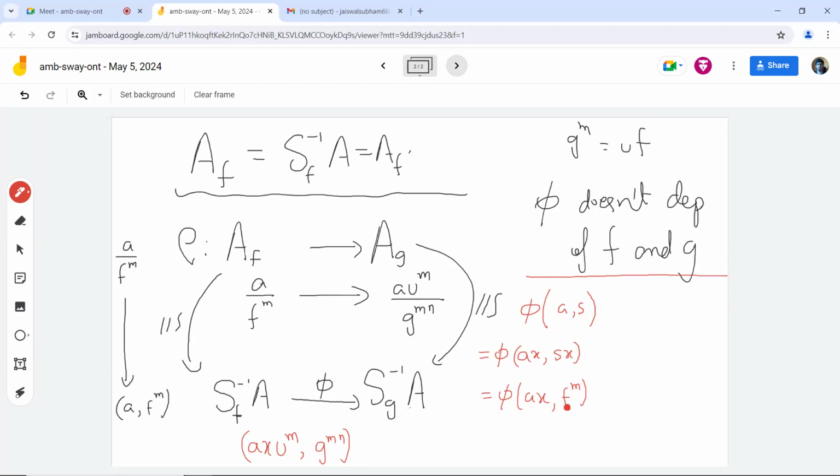So that's all right. In the domain we have chosen things in a way that it doesn't depend on f anyways. But here we need to say that it doesn't depend on G.